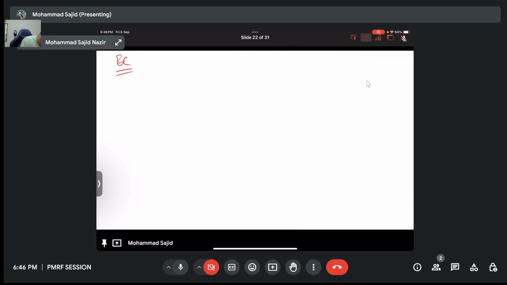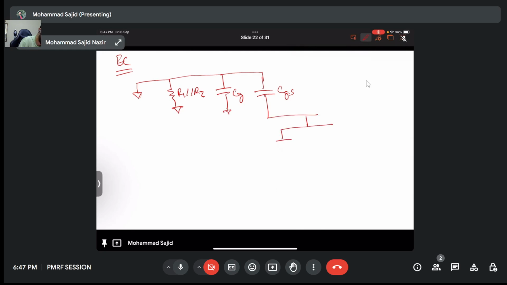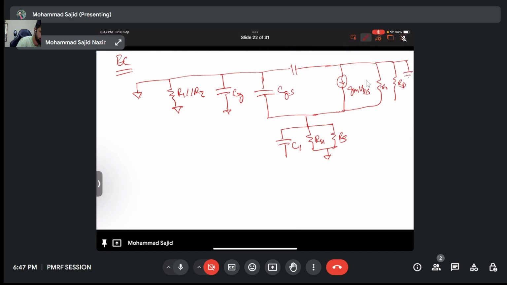For this question, you can use this equivalent circuit to solve it. Okay, so use the circuit to calculate.